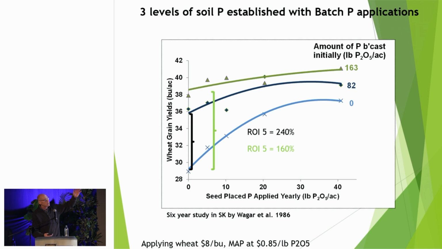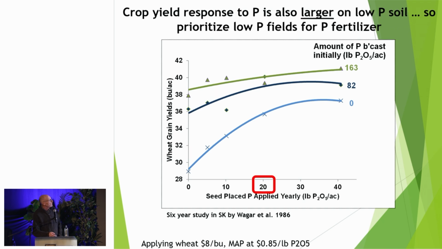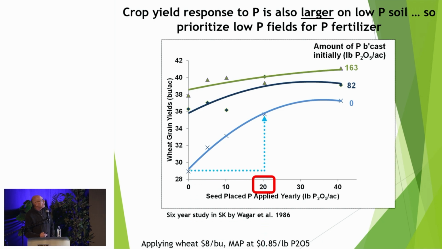I don't know if we would see anything close to that today because they were starting with some very low testing soils. But it was very intriguing to see that yes, we can do that, and we have built different yield levels with that. If you look at the seed placed fertilizer, there is some very impressive profitability response on those soils that were kept low.